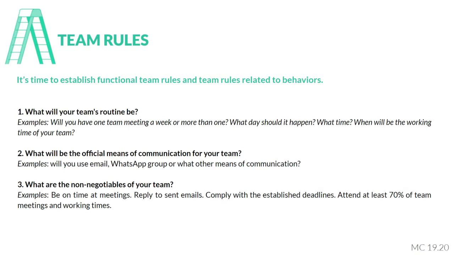If it is established with your members that you have to have a reply, at least to say that they received the message, then this will be expected from them, and they will get to know this. I brought some other examples as well. For example, comply with the established deadlines, and attend at least 70% of the team meetings and working times.